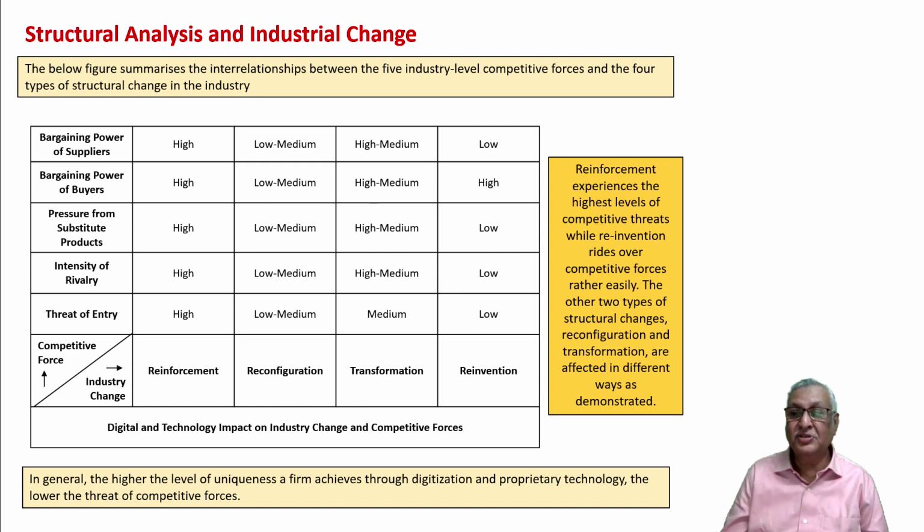Reinforcement experiences the highest levels of competitive threats, while reinvention rides over competitive forces rather easily. The other 2 types of structural changes, which are reconfiguration and transformation, are affected in different ways as demonstrated. And all of these things are impacted by digital and technology. In general, the higher the level of uniqueness a firm achieves through digitization and proprietary technology, the lower the threat of competitive forces.